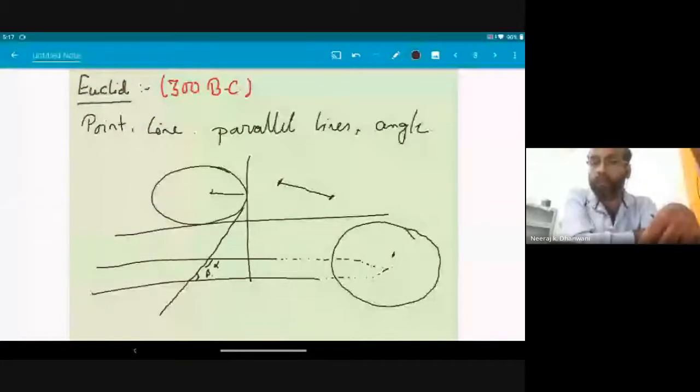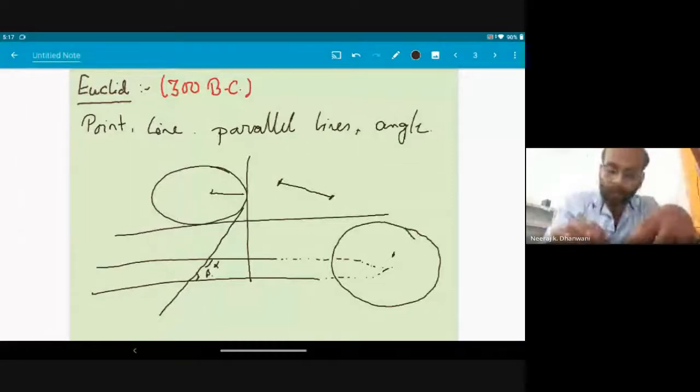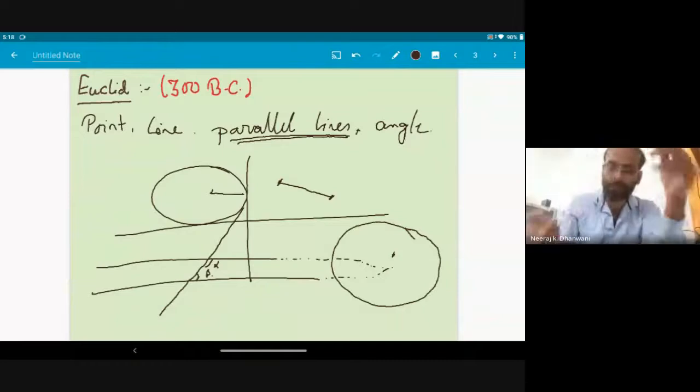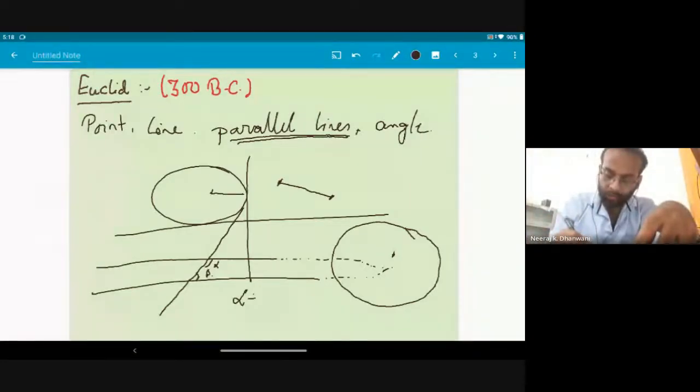This is his parallel postulate, and from here his definition of parallel lines was: two lines are said to be parallel if they don't intersect in the plane, whatever the plane is. So any question till this point?